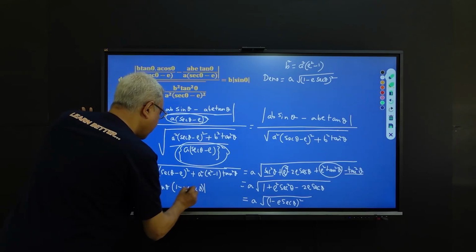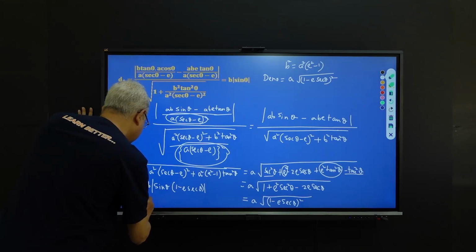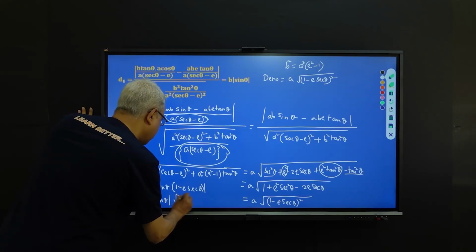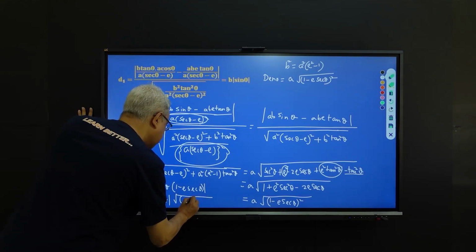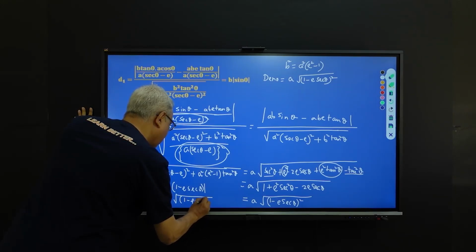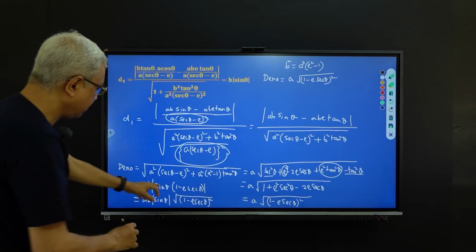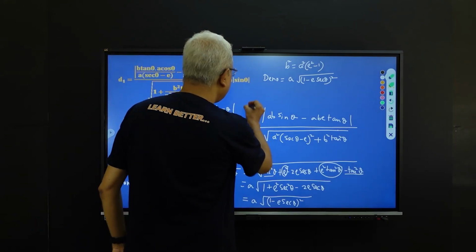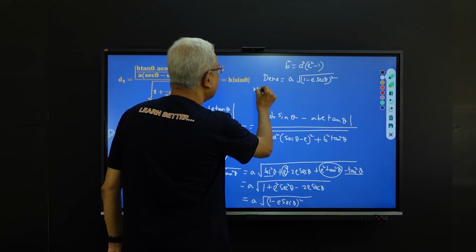So I can think it is ab mod sin theta into the square root of 1 minus e sec theta whole square.